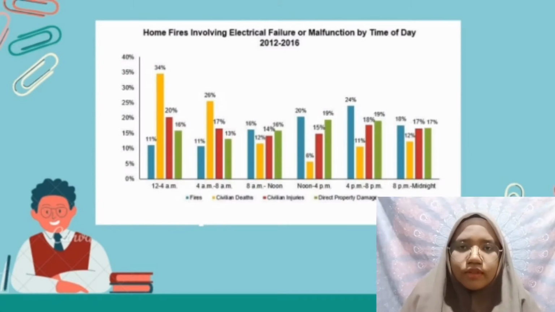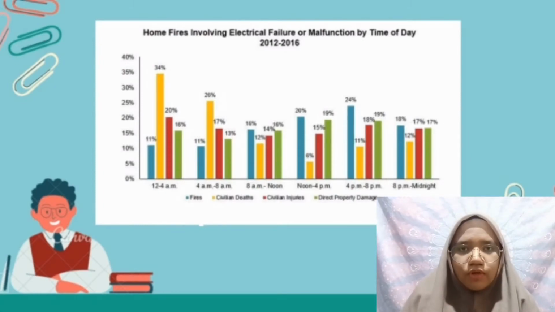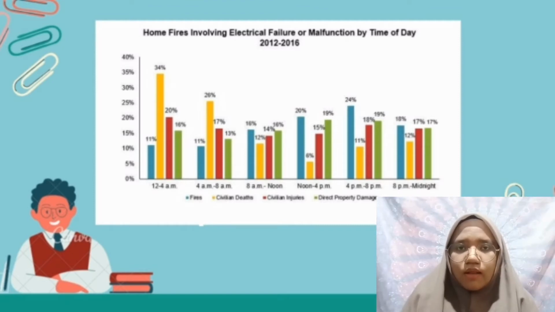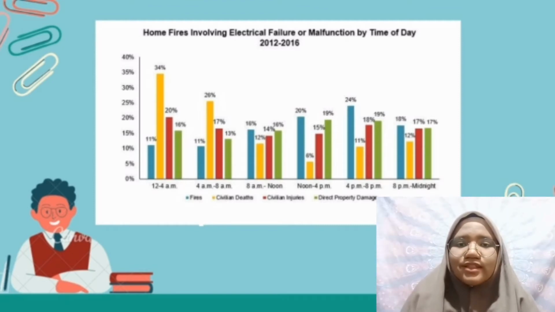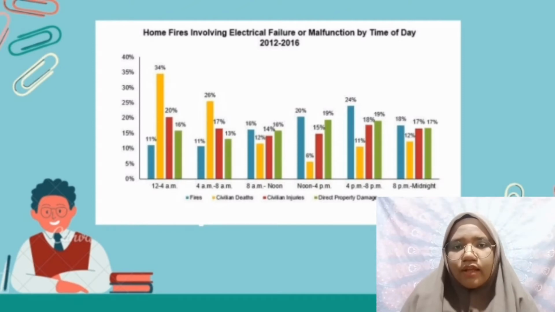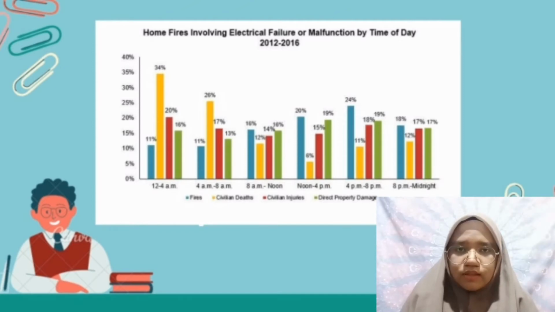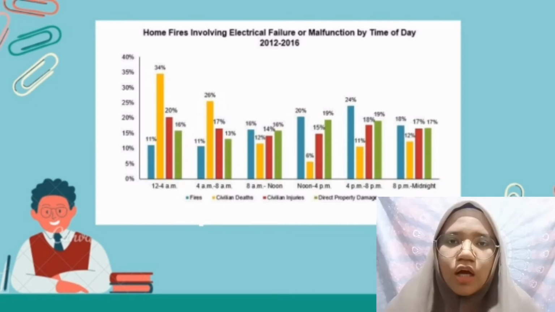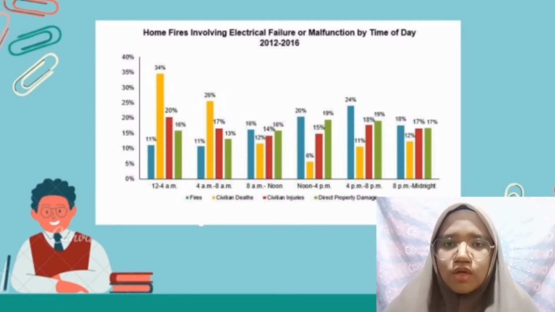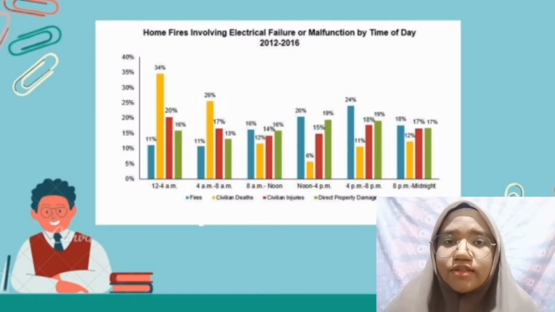Okay, based on the percentage of response, it can be seen that most of the respondents agree that civilian death involved the highest percentage, while fires was the lowest percentage, which is 11%, that involved electrical failure at 12 to 4 a.m. However, direct property damage was the second lowest percentage, which is 16%, that involved electrical failure, while 20% was civilian injuries.